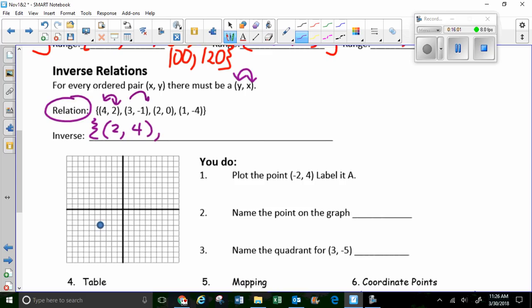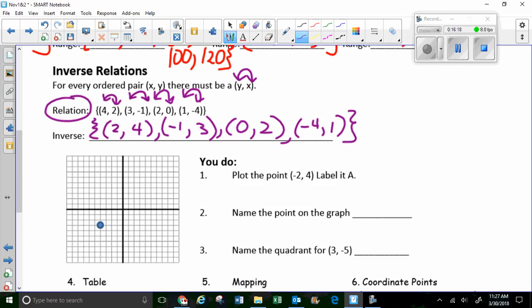And I'm going to switch 3 and negative 1 to become negative 1 and 3. The numbers are staying the same, they're just switching places. So 2, 0 becomes 0, 2. And 1, negative 4 becomes negative 4, 1. So pretty straightforward, but you do have to know you've got to switch your x and your y values.